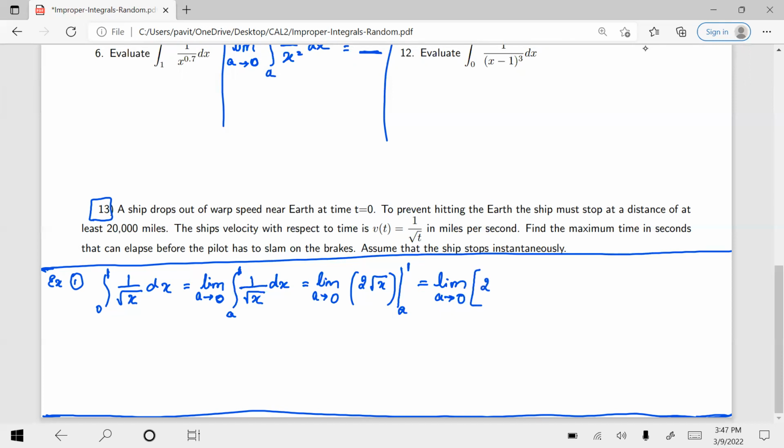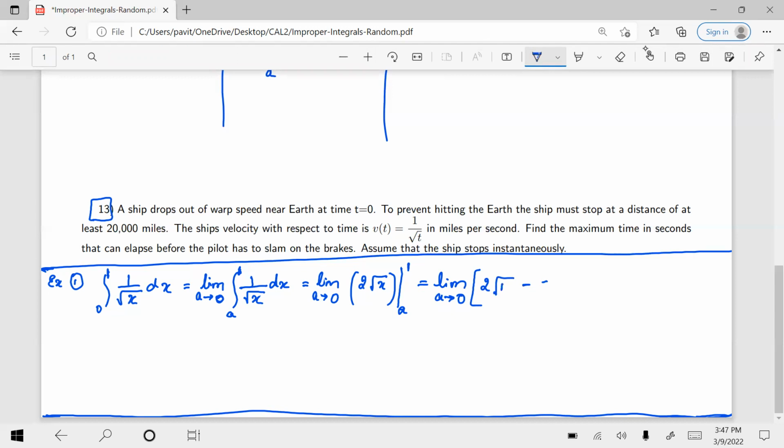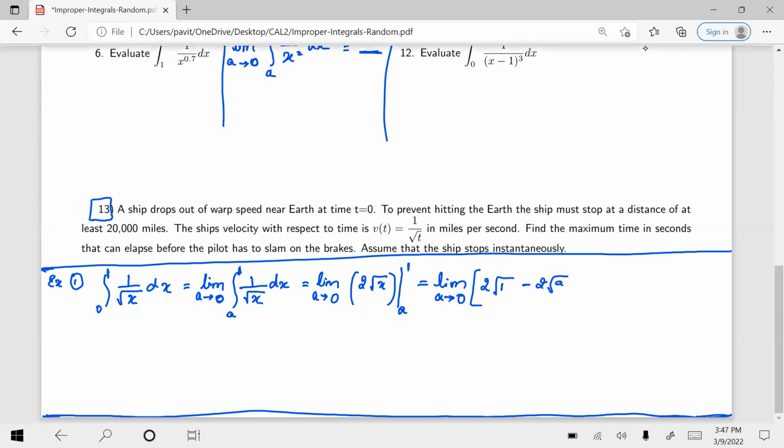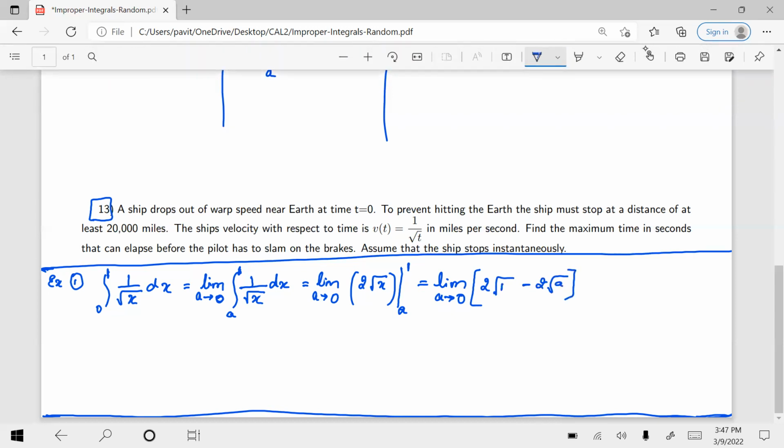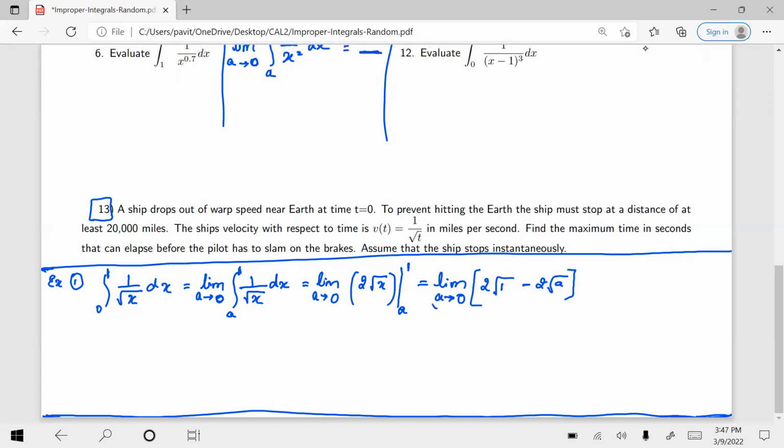Now, when I use upper limit minus lower limit, I get 2 times square root of 1 minus 2 times square root of a, right? Now, how can we use this limit here? It is simple. You are going to remove the limit.